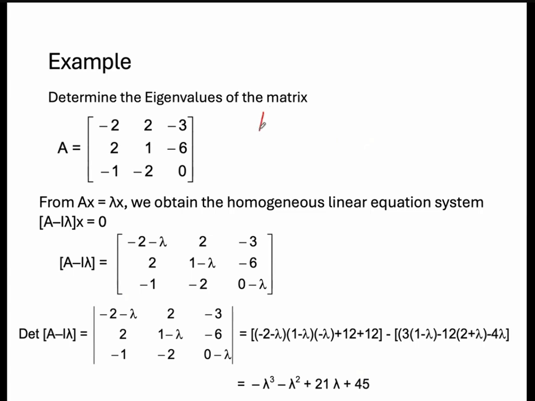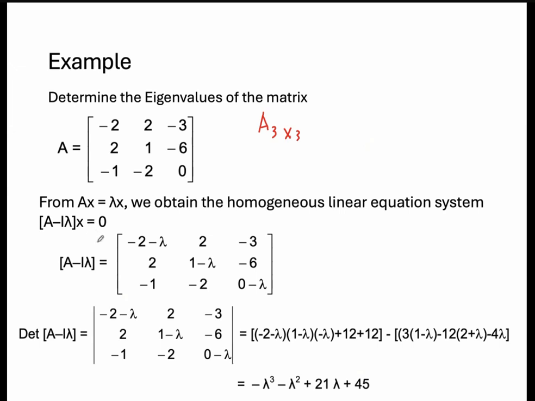We have a matrix of order 3 by 3. This matrix has 3 rows and 3 columns. So we can find a homogeneous linear equation system of 3 equations.